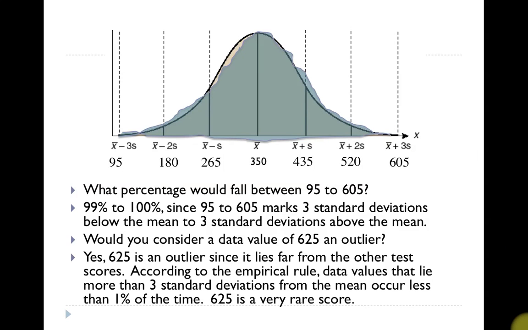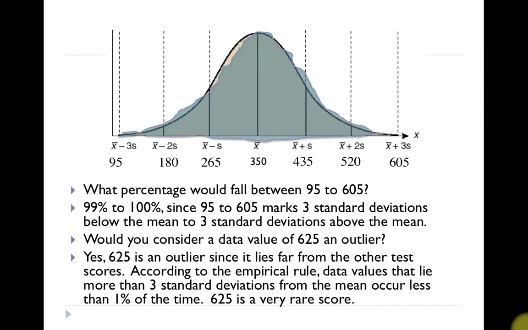And we would say yes, 625 is an outlier since it lies far from the other test scores. According to the empirical rule, data values that lie more than 3 standard deviations from the mean occur less than 1% of the time. And so 625 is a very rare score.